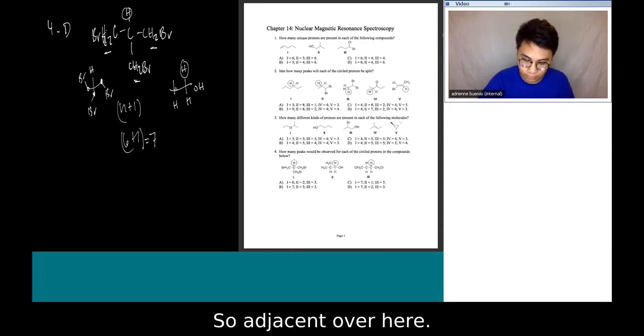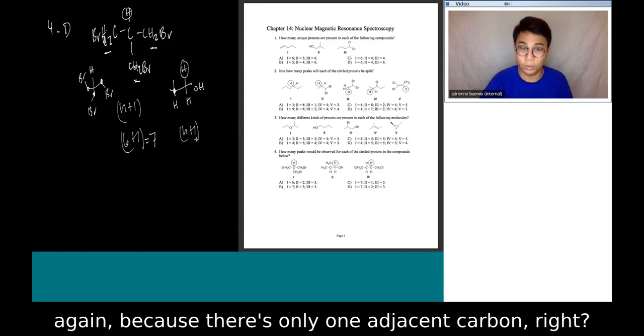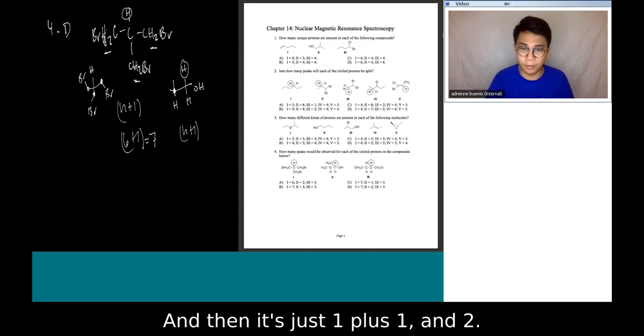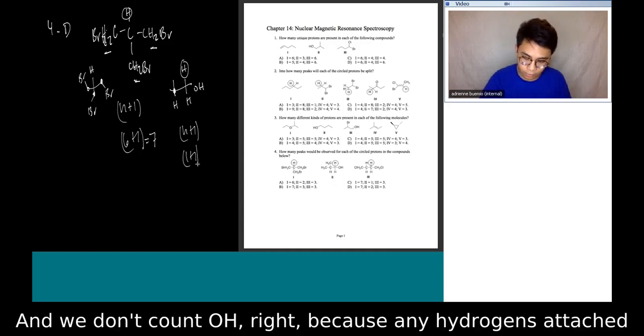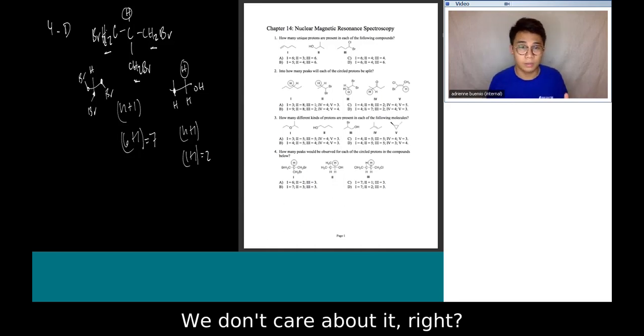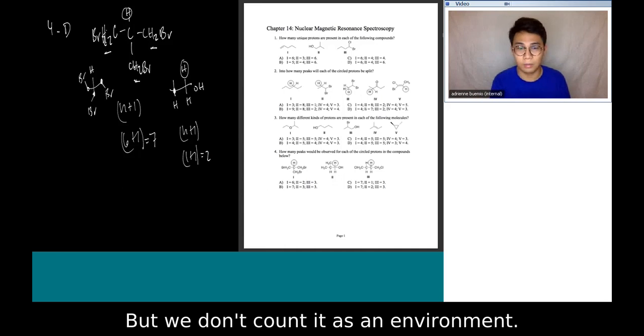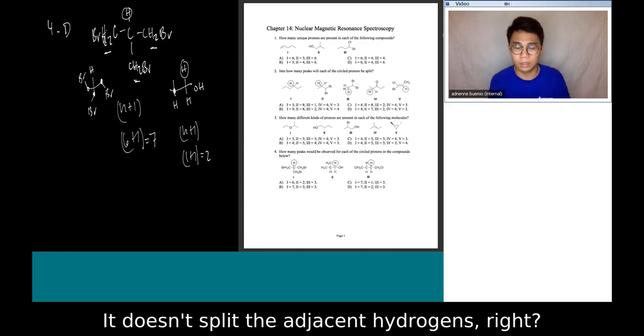So adjacent over here. So you should have gone just n plus 1 again, because there's only one adjacent carbon, right? And then it's just 1 plus 1 and 2. And we don't count OH, right? Because any hydrogens attached to an O doesn't count. We don't care about it, right? It's just by itself. It's just 1. But we don't count it as an environment. It doesn't split the adjacent hydrogens, right?